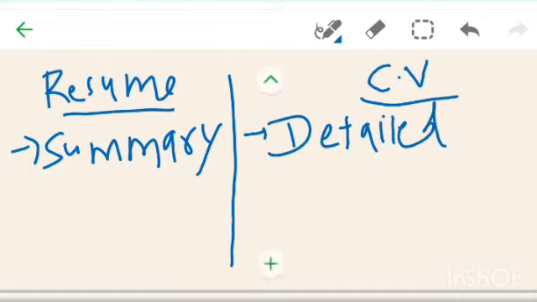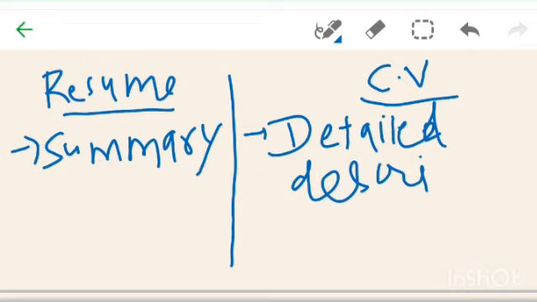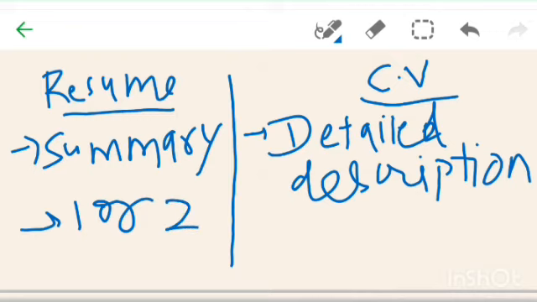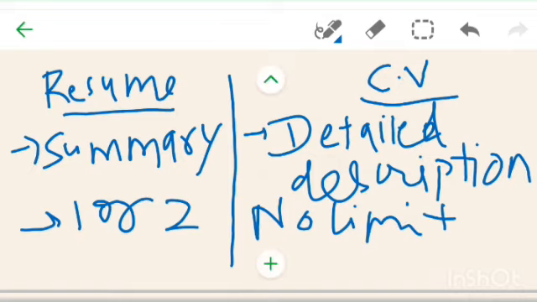Next, resume consists of 1 page or 2 pages, but here there is no limit on the number of pages. So this is the second difference.